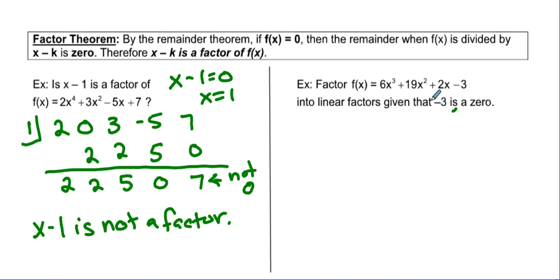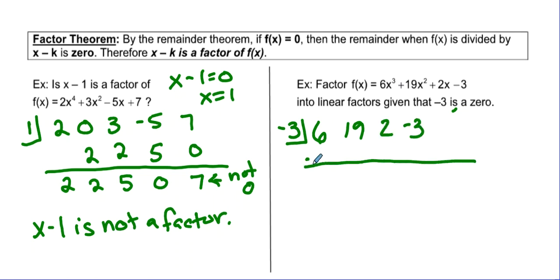Alright, it tells us -3 is a 0, so -3 goes in the box, and we're going to line up 6, 19, 2, and -3, and we're going to divide it here. So bring down the 6, multiply, add, multiply, add, multiply, add. Now our remainder is 0, but that shouldn't surprise us because it told us -3 is a 0.